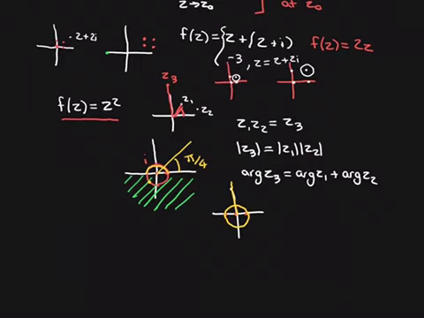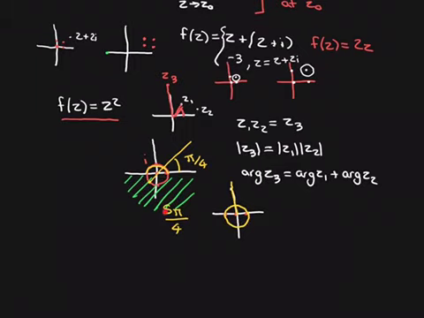where we have modulus 1, and then the argument would be equal to pi plus pi by 4, so that would be 5 pi by 4. I was trying to go for this angle here being 45 degrees. If we add that onto pi, then the full argument is 5 pi by 4. If you think where that's going to go, its modulus is going to remain 1, because its modulus was 1 to begin with, so when we square it, it equals 1.